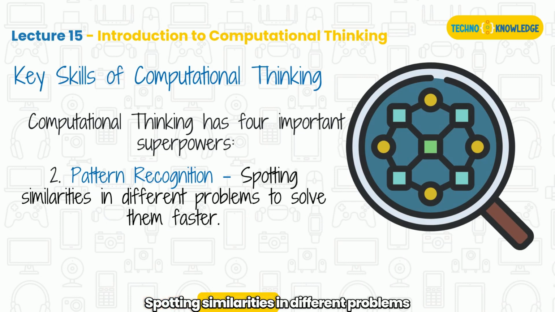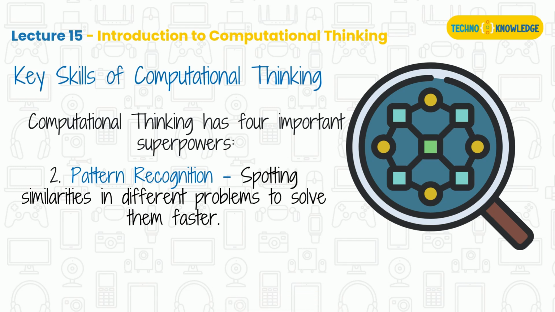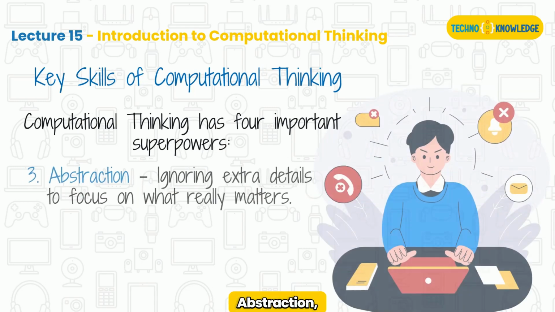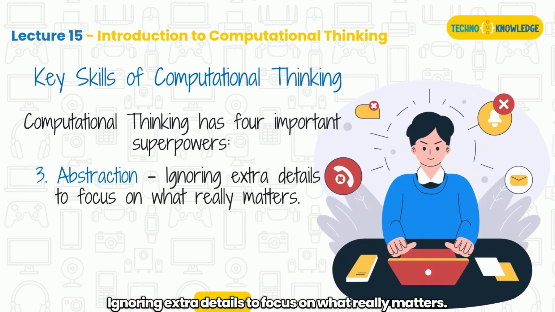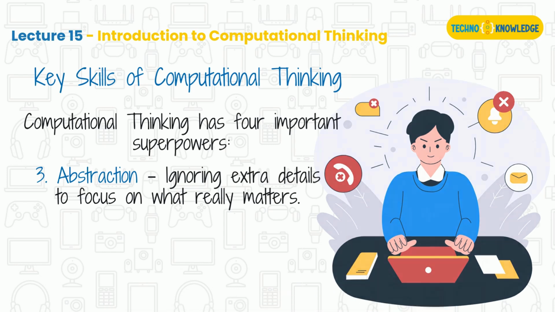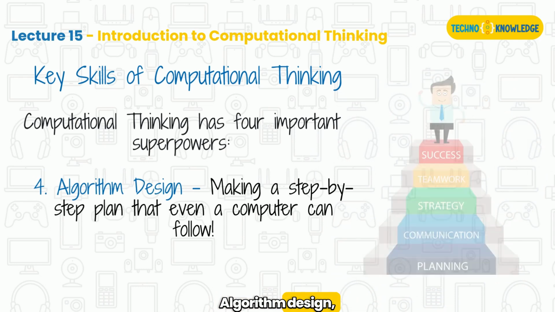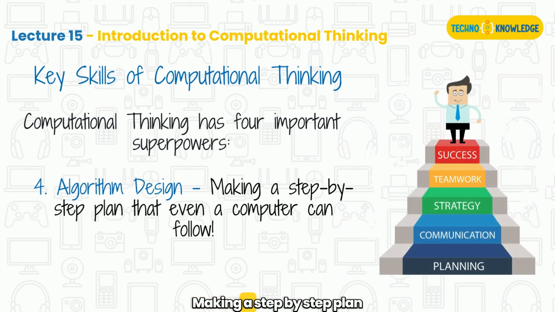Spotting similarities in different problems to solve them faster. Abstraction. Ignoring extra details to focus on what really matters. Algorithm design. Making a step-by-step plan that even a computer can follow.